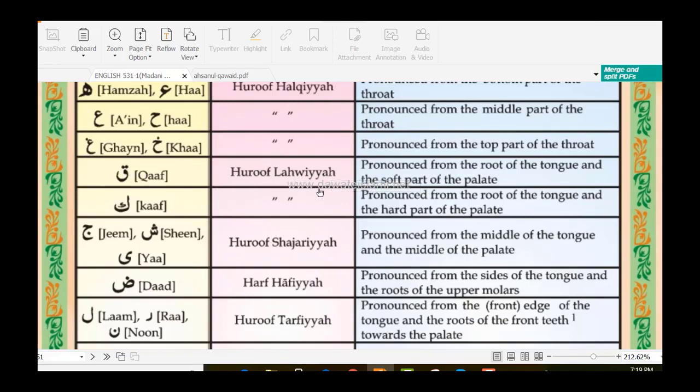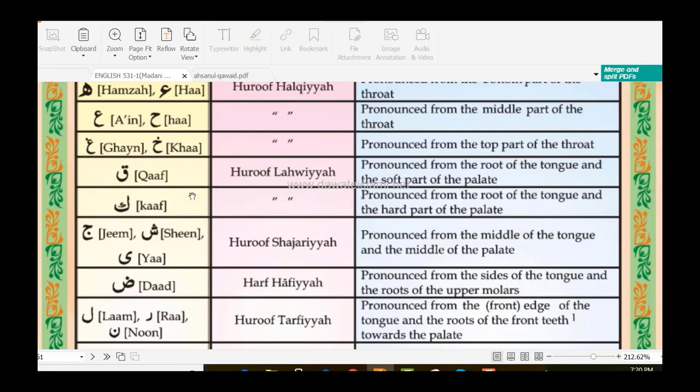Lahwiya means the letters which are pronounced by the root of the tongue. In qaf, the root of the tongue touches the soft part of the palate, and in kaf, which has a lighter sound, the root of the tongue touches the hard part of the palate. This is the difference.